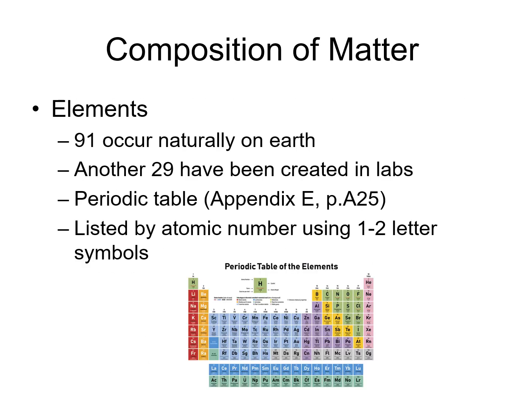There are 91 naturally occurring elements on Earth and another 29 that have been created in laboratories. You'll find the elements listed by atomic number using their 1 to 2 letter symbols on the periodic table of elements. And you'll find the periodic table of elements on page A25 at the back of your book in Appendix E.